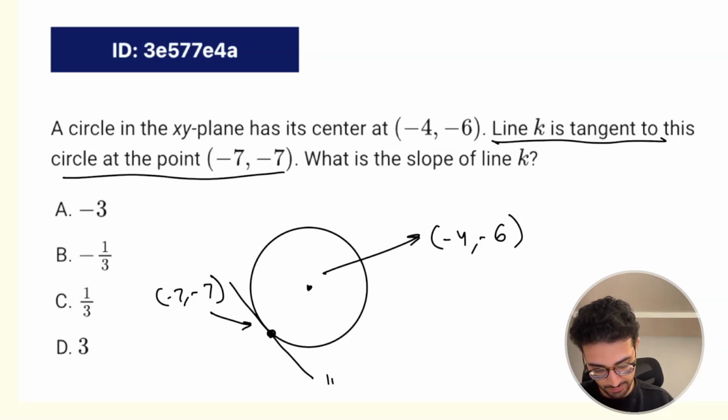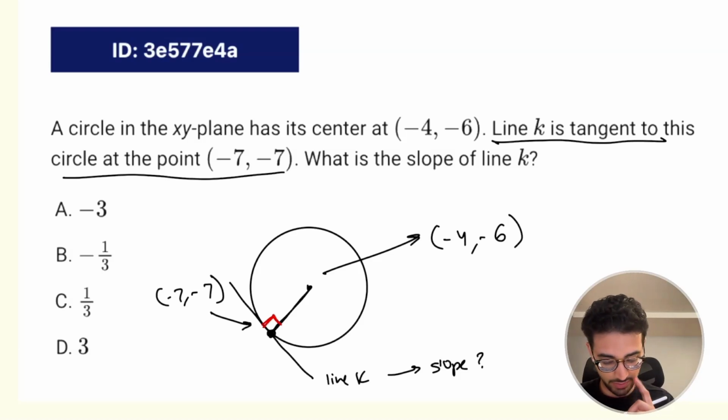This is line K. And they want to know the slope of line K. And how would we know that? If you recall earlier, we know that these lines have to be perpendicular. Tangent lines to a circle are always perpendicular to the line that goes from where it touches the circle to the center. So it's perpendicular. Do we know anything about this line over here? We can actually find the slope of that, which is helpful because perpendicular lines have negative reciprocal slopes. So what's the slope of this line here? Let's find out.